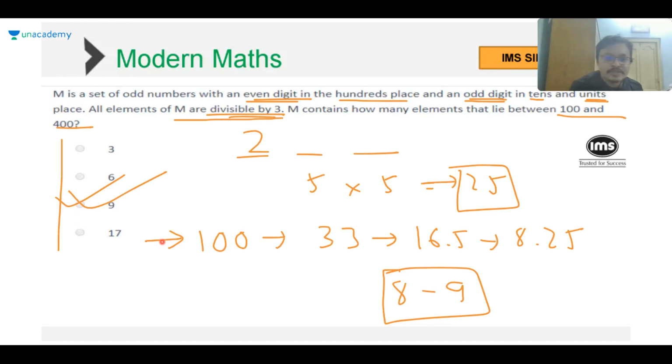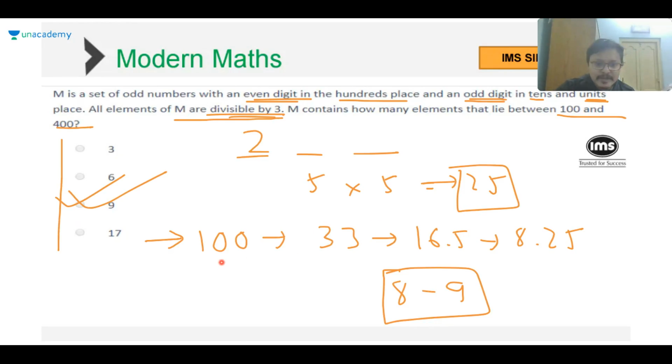Has everybody understood this approach? And note, however complicated the question is, even if they gave some more digits, some more divisibility rules, I would have simply done 1/3, 1/4 as required, and I would have got the answer.